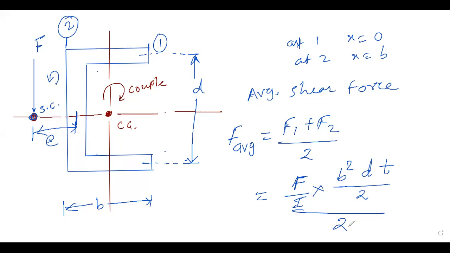So B square comes there. Refer to the previous equation of F max. D into B divided by 2 into T into B. So B into B is B square. So D B square T by 2 comes. Okay, so divided by 2, right?